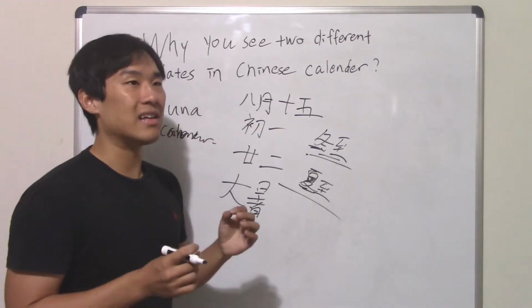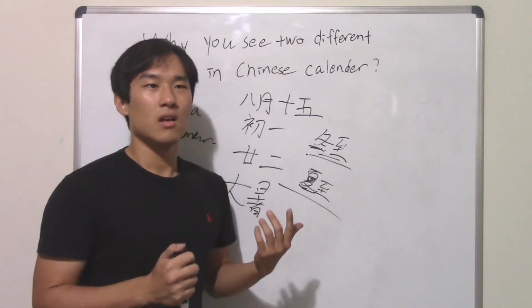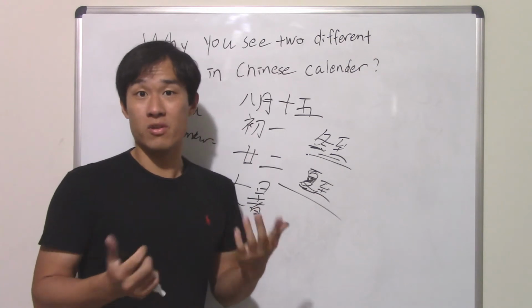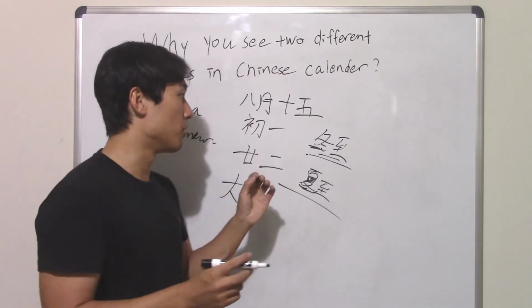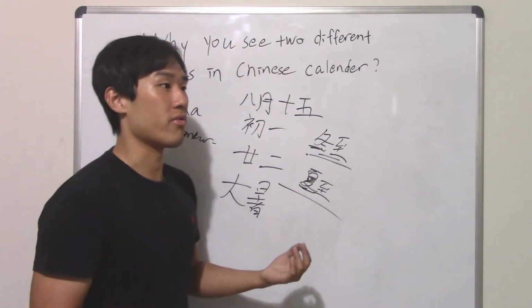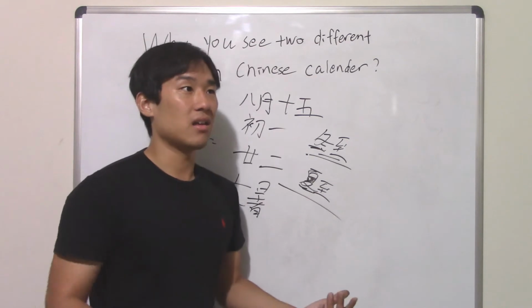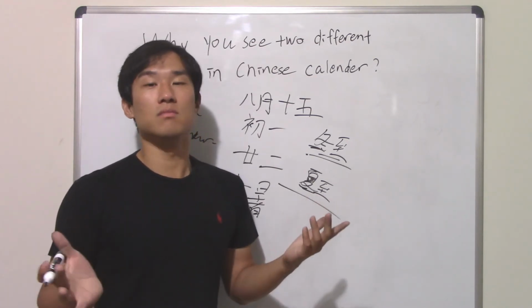What's good about this calendar is that a lot of natural activities are actually very true to it. For example, on this date of the lunar calendar it usually gets very cold, or on that date it gets really hot. It's not just out of nowhere.